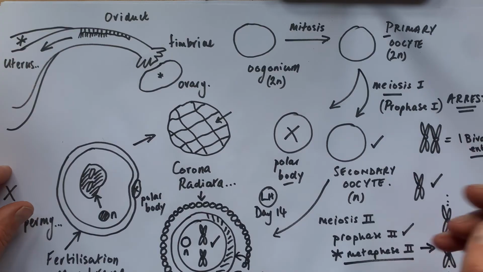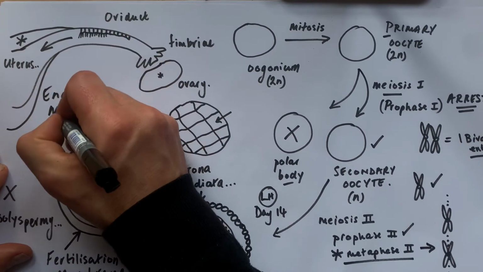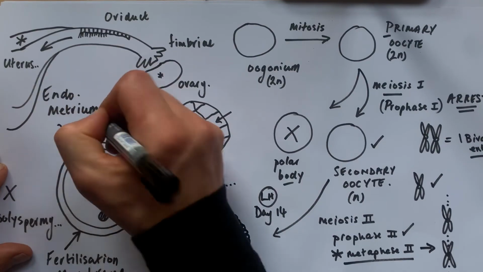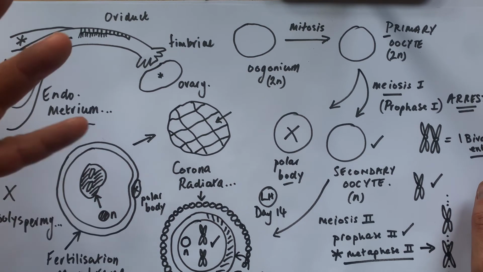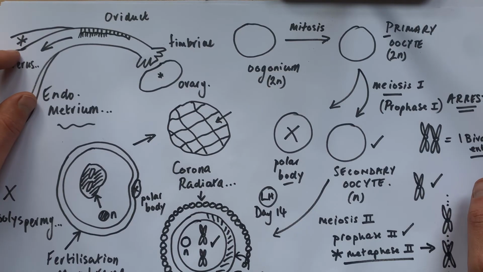So that thick endometrium, let me just put endometrium. That allows implantation of the blastocyst, where the blastocyst will further develop, and it will develop the trophoblast villi, which allows a big surface area to absorb glucose and amino acids, within the endometrium.